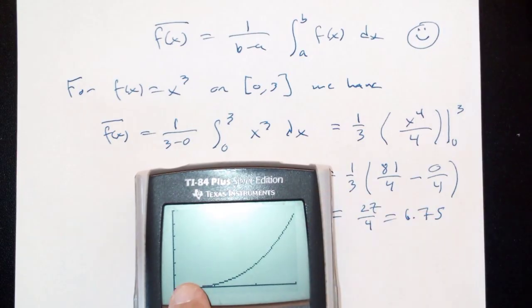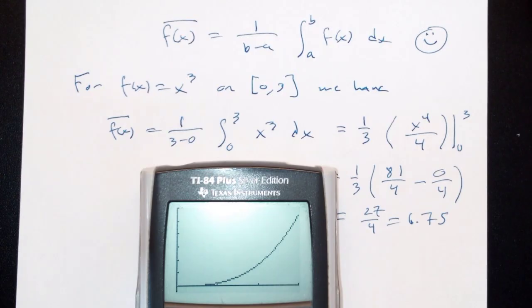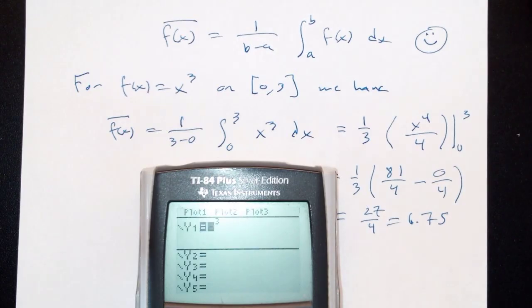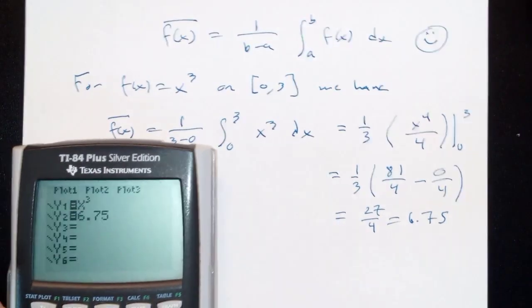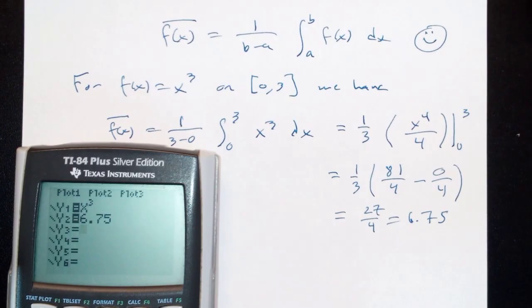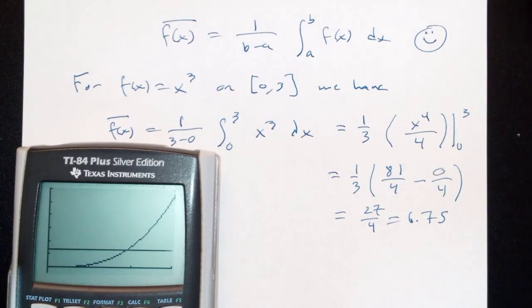But there are a lot more low numbers than there are high numbers, aren't there? On this same axis, graph 6.75. Balance.